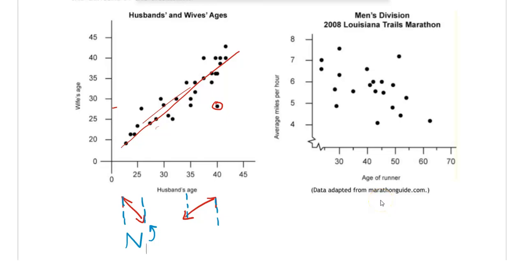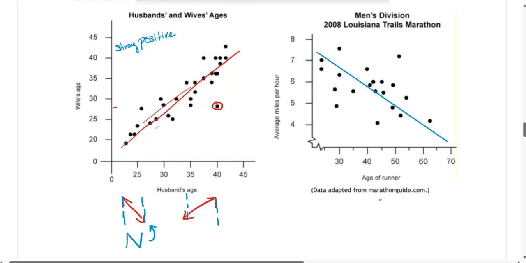Over here on this one, it has a negative relationship, but it's not abundantly clear that it's negative because it is so scattered. I can draw a line through this and see that's the pattern it's kind of following, but it's harder to see because the points are so far out.